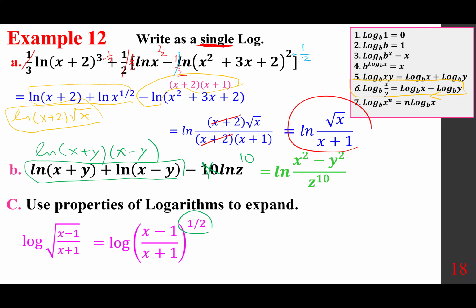Now, number 7, the power rule, put the 1/2 in front. Half of this log. Number 6, half of log of the top minus log of the bottom. So we have half log of the top minus log of the bottom by number 6, or the quotient property.